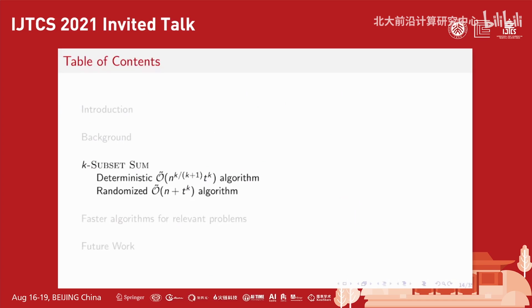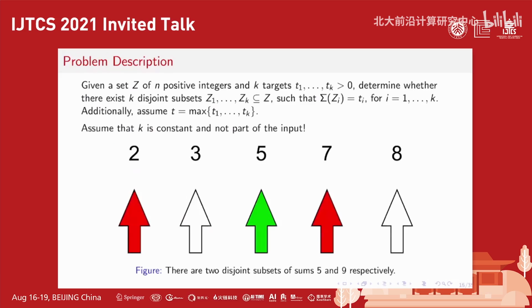Now we will formally define the main problem that we introduce and study, and here is the formal description.